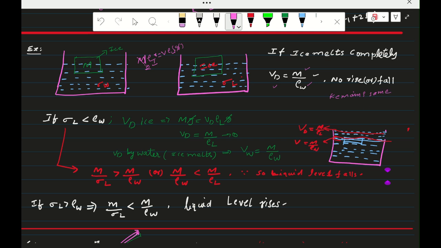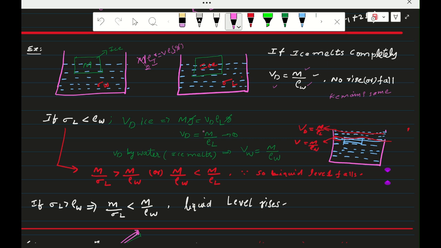So now for example, the liquid I have taken here is not water. It will be lighter than water, like kerosene or petrol, or coconut oil, which has more density than water, or some other oil, or glycerin. So like that, the density is less than water.